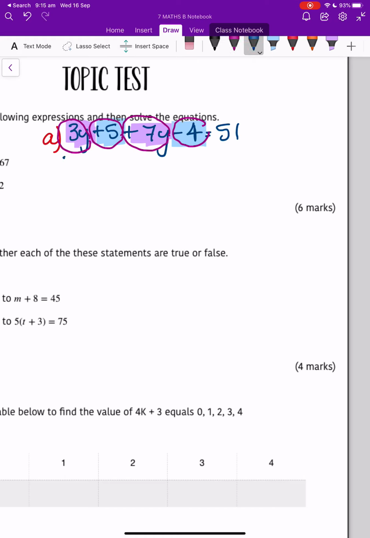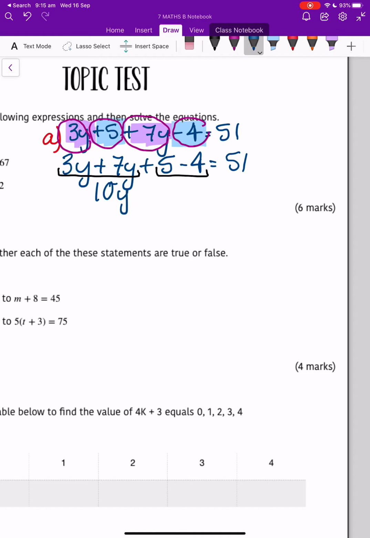So 3y plus 7y, plus 5 take away 4 equals 51. In my next line, I'm going to simplify by combining these terms. 3y and 7y add to give 10y, plus 5 minus 4, which is just 1, equals 51.